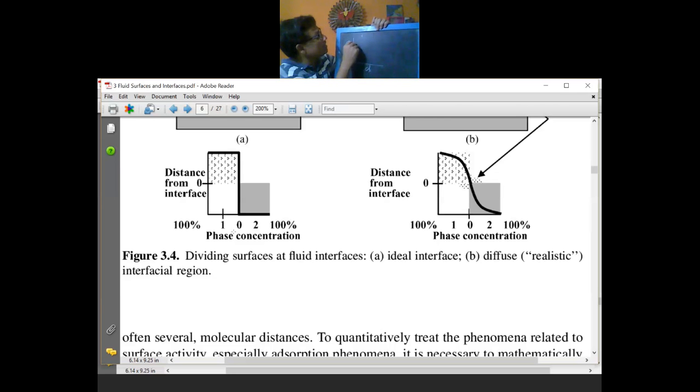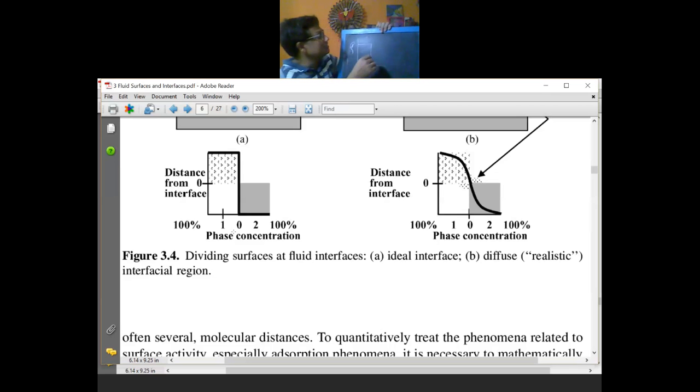What would be happening in an ideal situation when there is no vaporization? If I move, the phase concentration would be constant. But again, at a certain distance, when there is the surface, say an air-mercury interface, the density would be almost zero, and there won't be any vapor molecule.